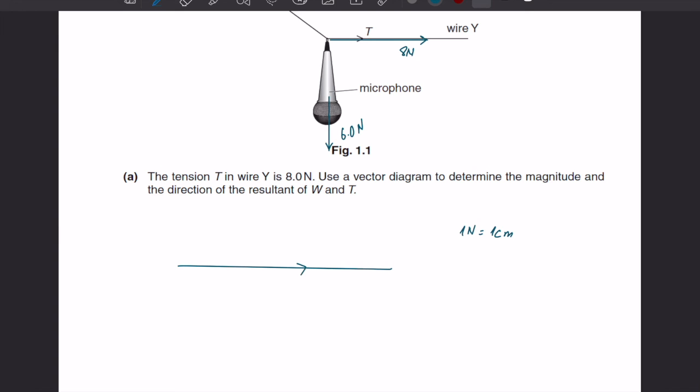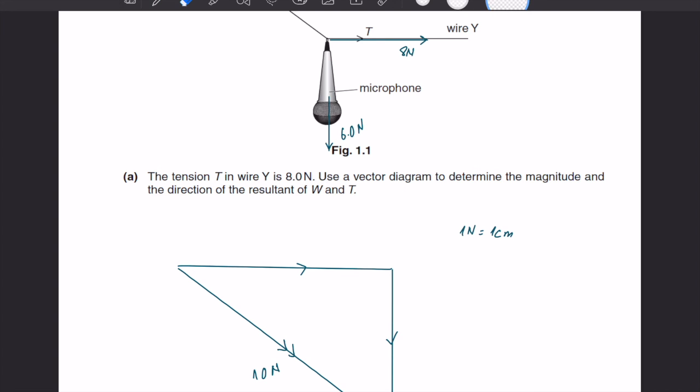And I'm going to draw a vertical line on the head of it, which is going to be 6 centimeter long. It would be better if I can measure this angle as 90 degrees using a protractor. Right now I don't have a protractor available. Then I will just draw this resultant, and according to the diagram that I made, it's not a very accurately drawn diagram, but I'm getting something around 10 Newton.